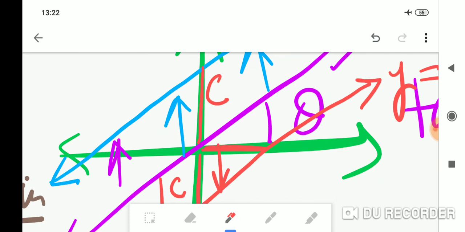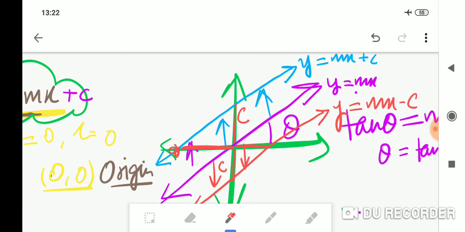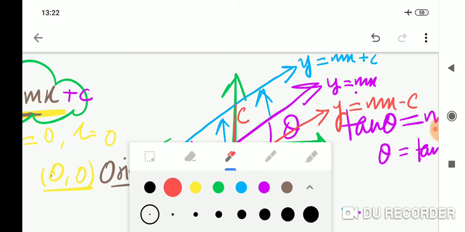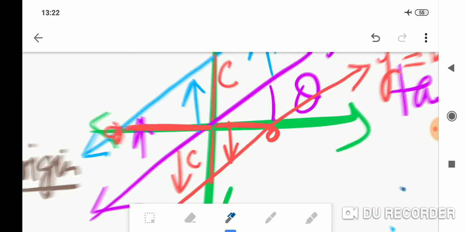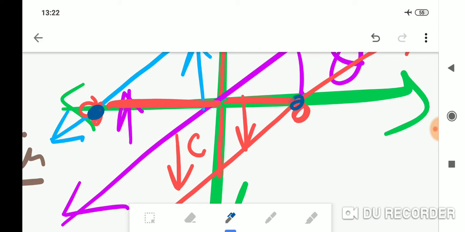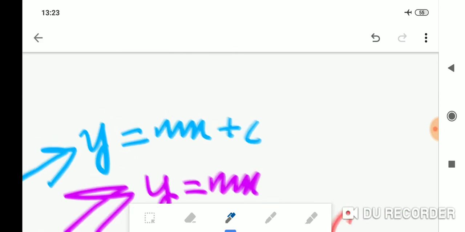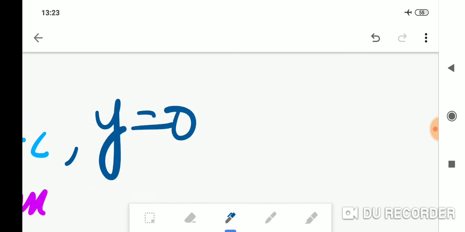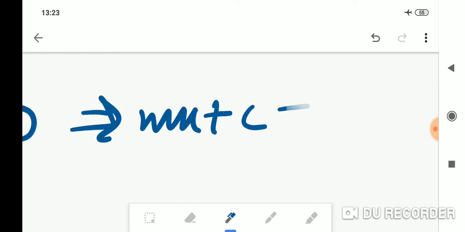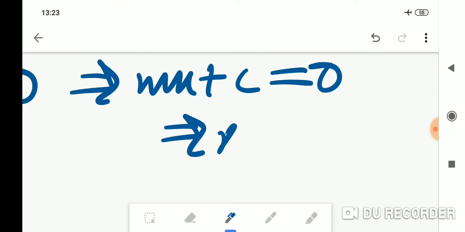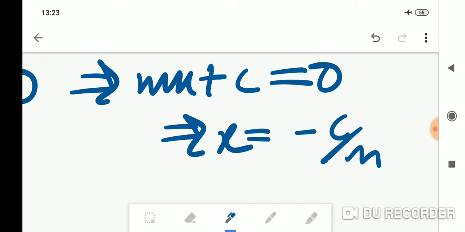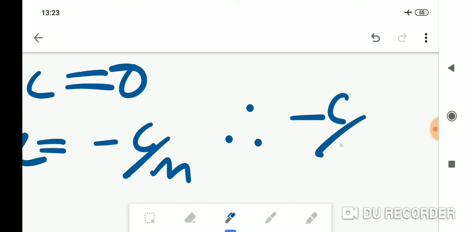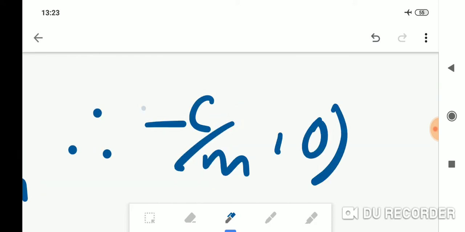To understand the value of this part and this part, see, these points are the solutions. Let me draw it with another color. These points are the solutions. Can you find them out? For y equal to 0, mx plus c is equal to 0, which implies x is equal to minus c by m. Therefore the solution is (minus c by m, 0).